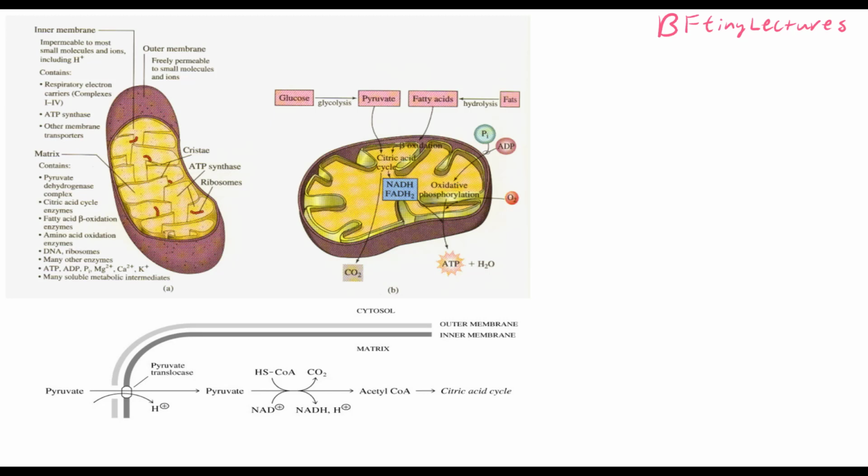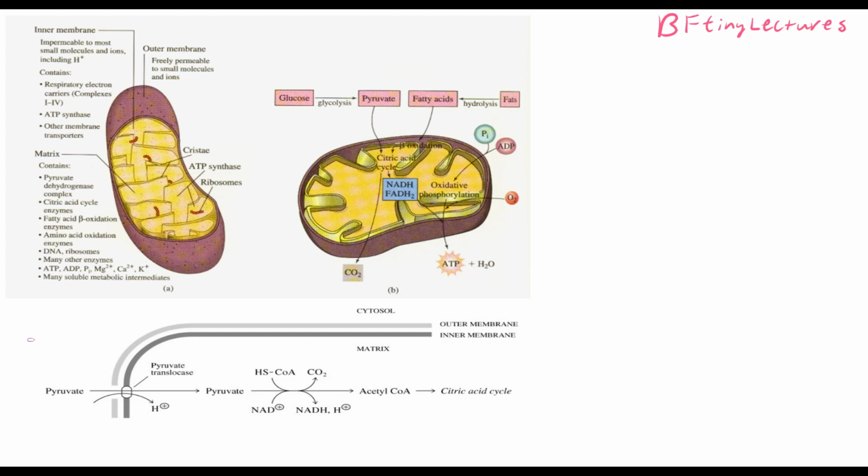So let me repeat, the outer membrane is permeable to molecules, but the inner membrane is more tough and more rigid, so it's not as permeable. So how does pyruvate enter the mitochondria? Well, pyruvate actually enters the mitochondria using a carrier protein.